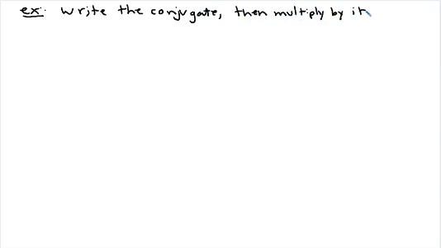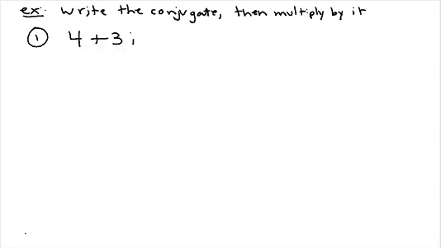Should be pretty straightforward. Shouldn't be anything tricky about that. If they give you, let's say they give you the complex number 4 plus 3i. And they say, write the conjugate and then multiply by it.